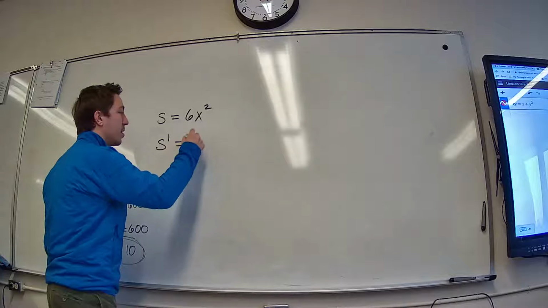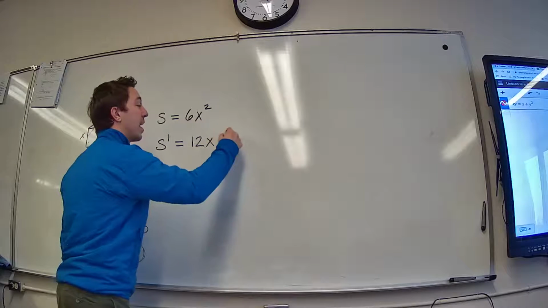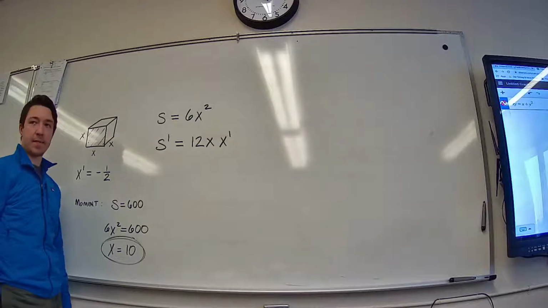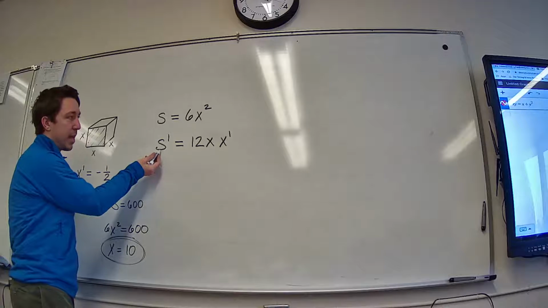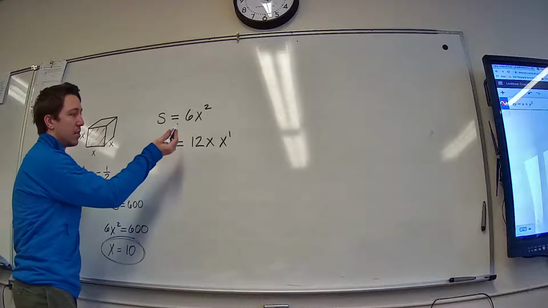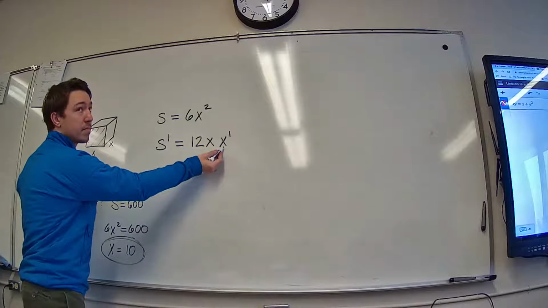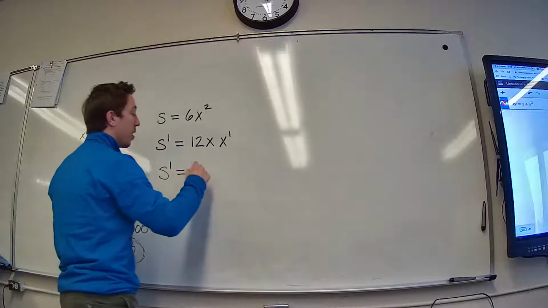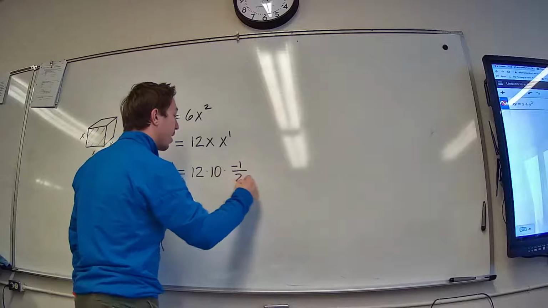S prime then would be 12x times x prime. You guys feel okay about that second part? So notice that this derivative is going to depend on the size of x and the size of x prime. So we get 12 times 10 times negative 1/2.